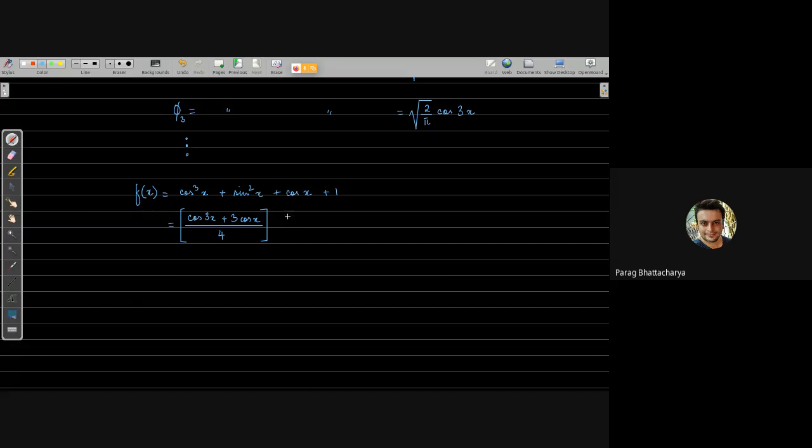What about sin square x? Which identity can I use? Sin square x, you can use 1 minus cos of twice x, divided by 2.